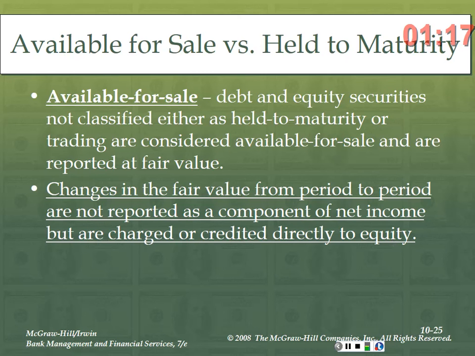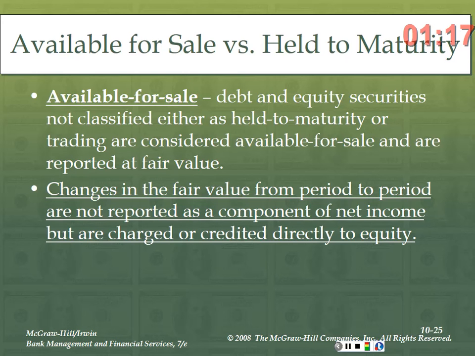So what this is saying is when you have an increase or decrease in rates, the increase or decrease in the value of the securities doesn't go to income, it doesn't affect your income, but it does affect your equity or your capital position in the bank, which is going to be chapter 15 when we talk about capital.